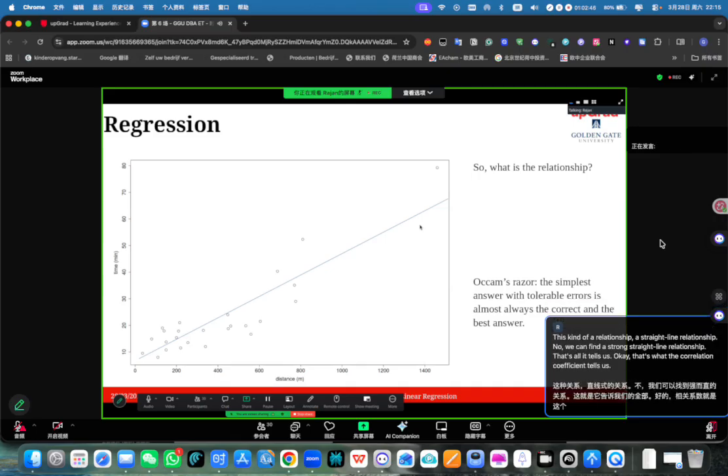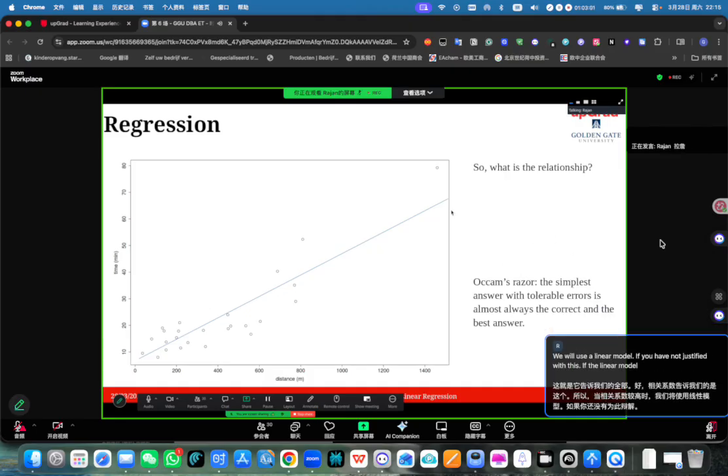So when the correlation coefficient is high, we will use a linear model, if the linear model provides results within your tolerable errors, according to the Occam's razor principle.